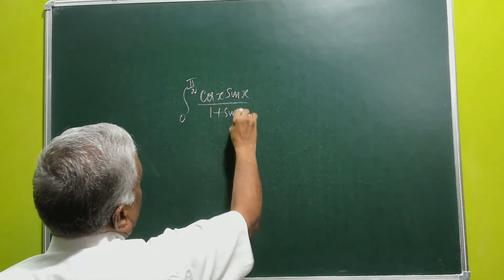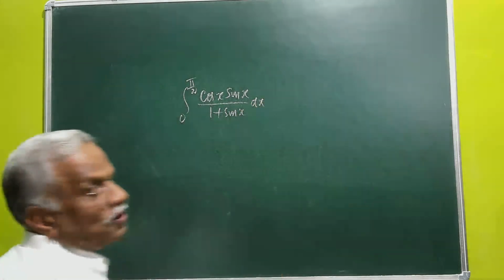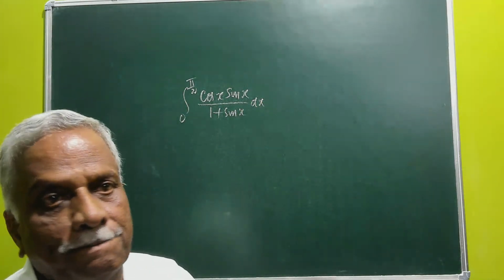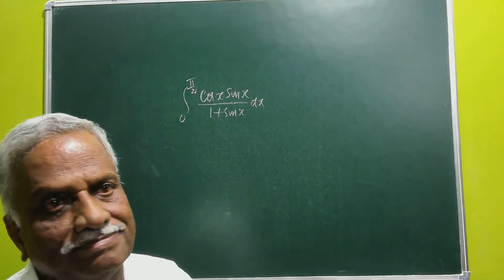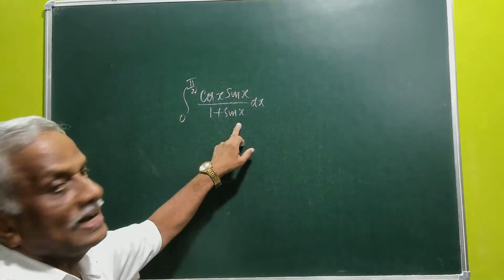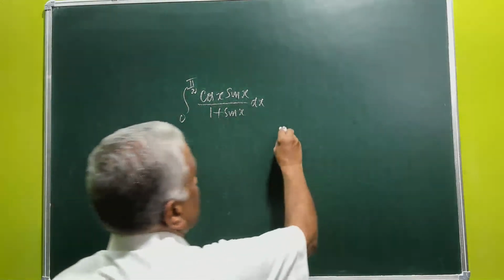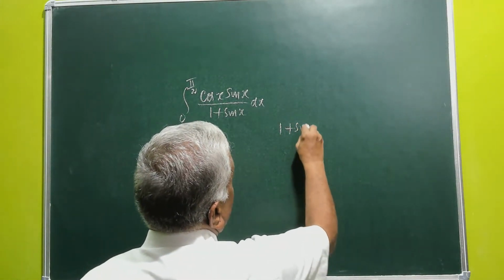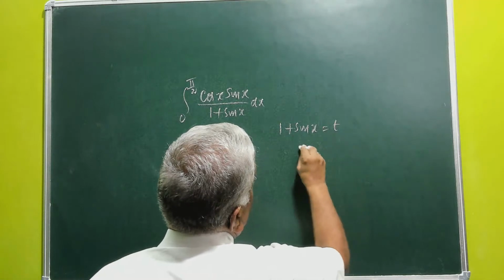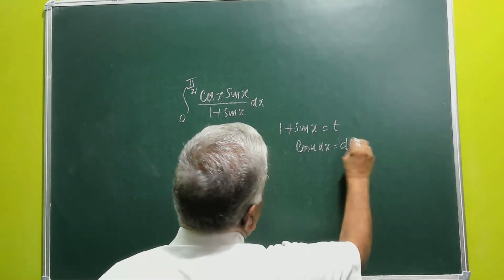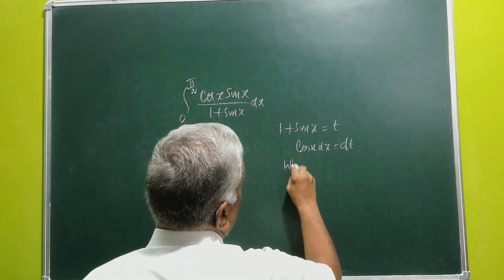See, these problems, if you have not worked them out earlier, will give you trouble. Because if you put sin x as t, you get cos x, another sin x left over. So what the method is, put 1 plus sin x equals t. So cos x dx is dt. Let us change the limit also.